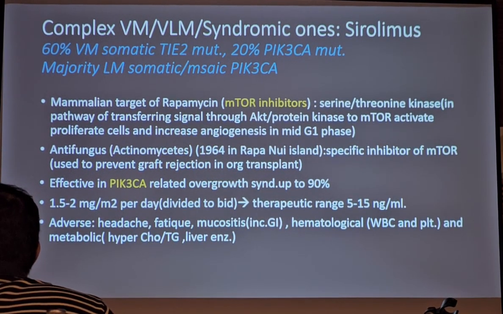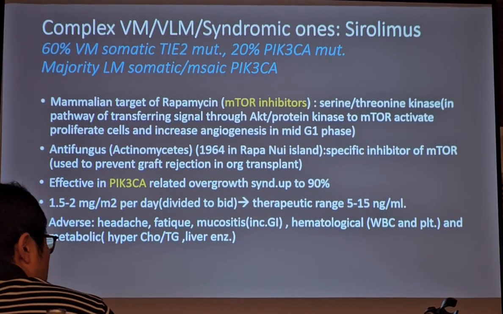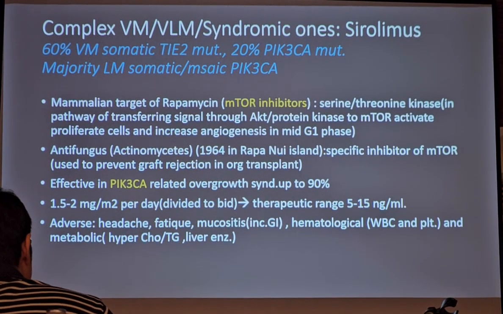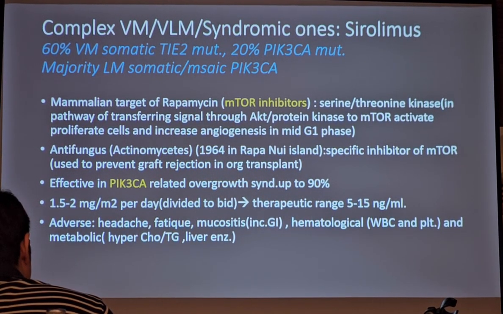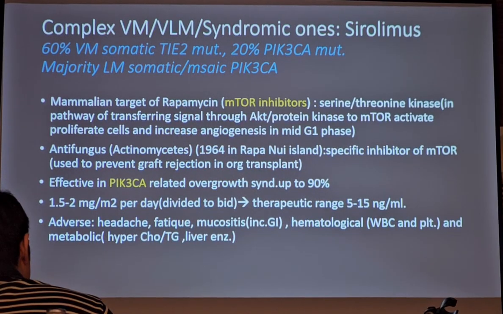Talking a little bit about sirolimus, which we also start if we are not able to treat by other means, and it is a very infiltrating pattern of slow flow vascular malformation. We know that this is an mTOR inhibitor, which used to be an antifungal, and even used to be part of cancer treatment in old times.